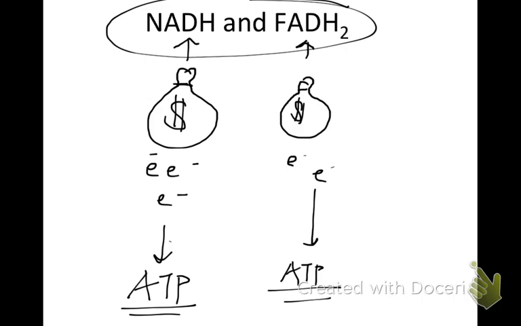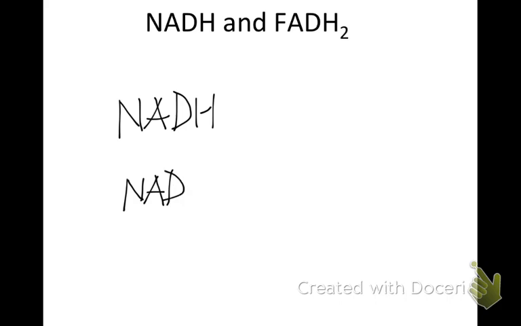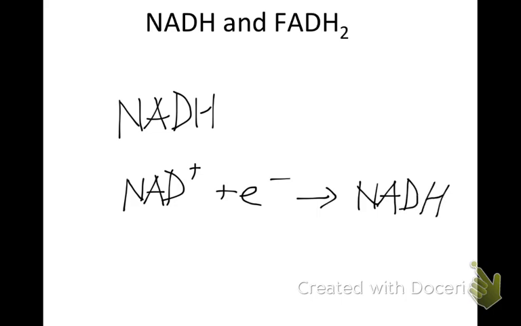Speaking of which, it should be interesting to note that NADH is the reduced form of NAD+. So NADH is basically just NAD+ plus electrons. You can think of it conceptually like that. There are H's that fit into this eventually, but we don't really care about the H's that much.